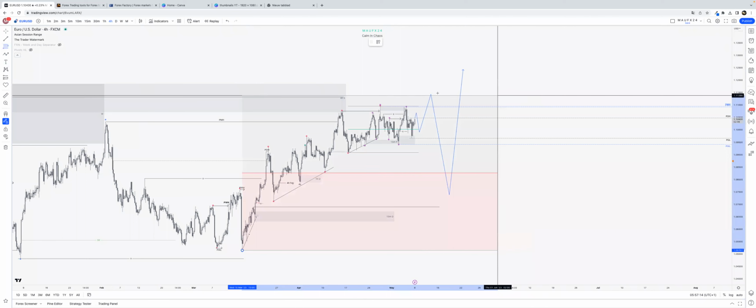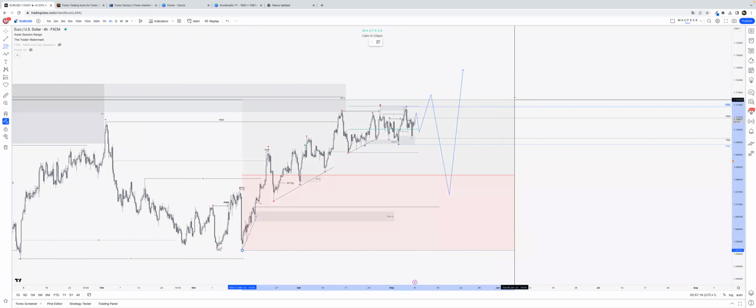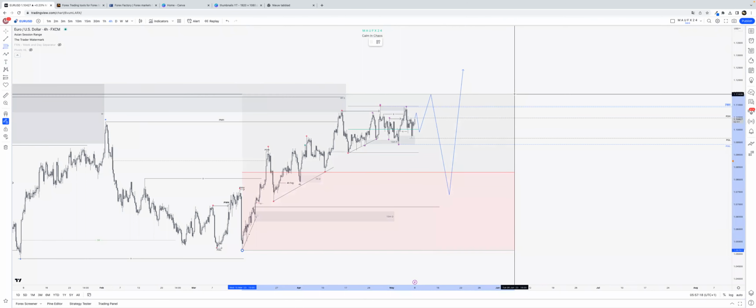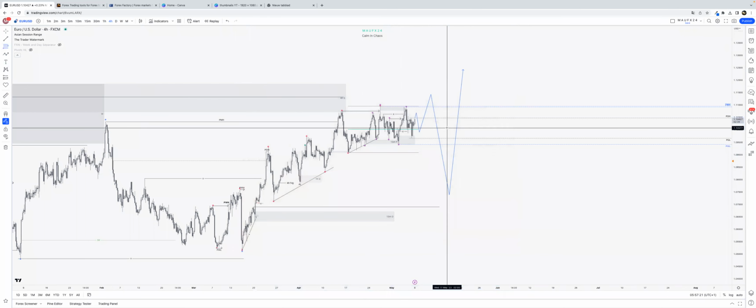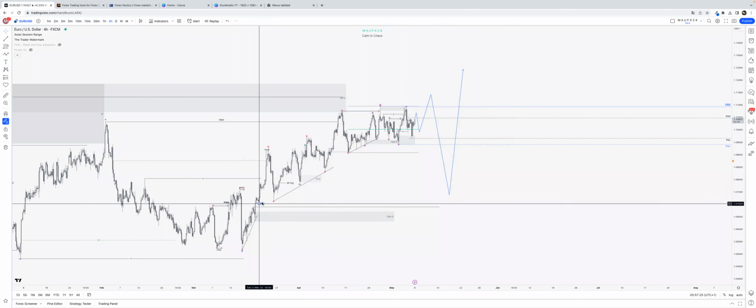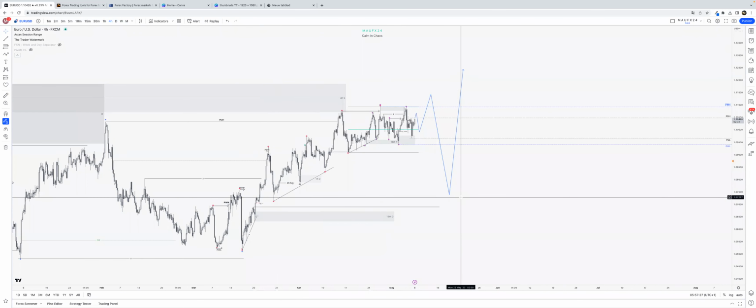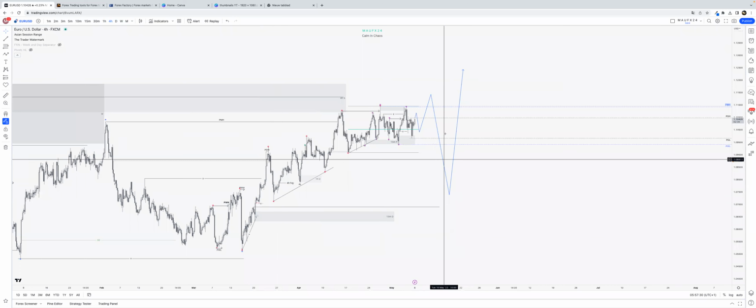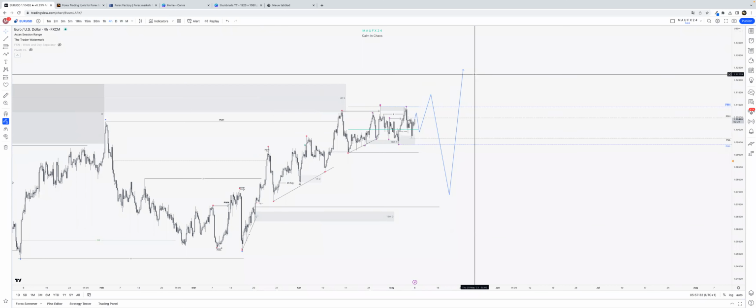It will then be from this high somewhere, this high discount of this range, for longs ideally below this, or this one, and then longs continue up.